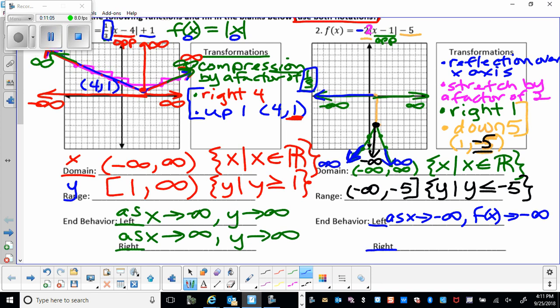And then the right side would be as x approaches positive infinity. The right side is as x gets bigger, my y's, my f of x's, are getting smaller. Both ends are going down. They're both negative here, negative, negative, because it's going down. Over here, you've got positive, positive, because it's going up.